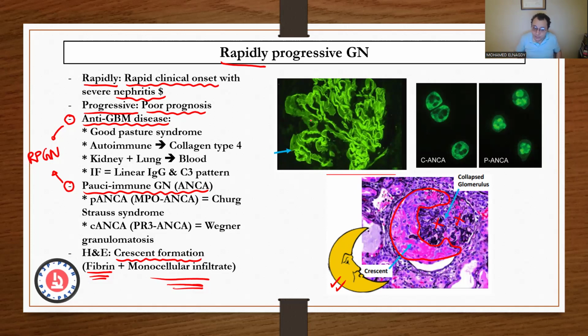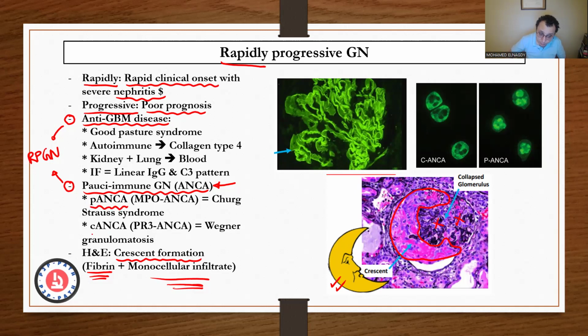This kind of glomerulonephritis happens due to autoantibodies against the neutrophils, called ANCA, anti-neutrophil cytoplasmic antibodies. These ANCA antibodies lead to neutrophil activation. The neutrophils become hyperactive, and they start attacking the kidney aggressively. That's what happens. You have two types of pauci-immune glomerulonephritis or ANCA positive GN.